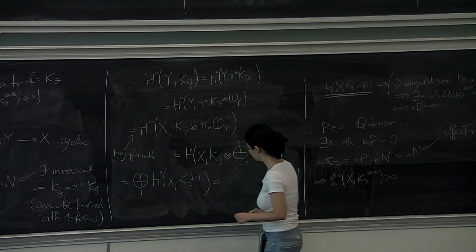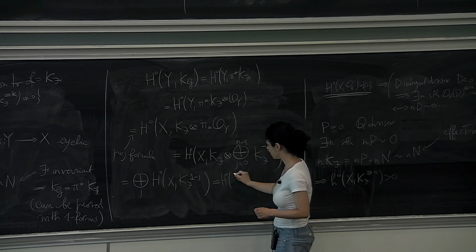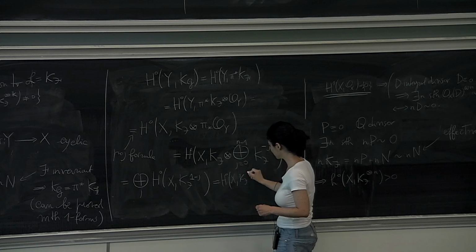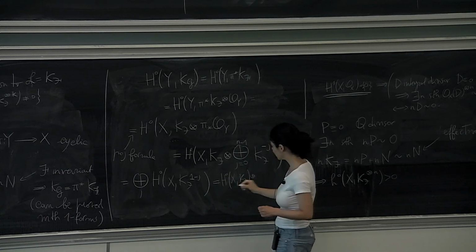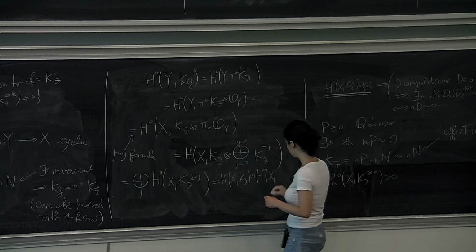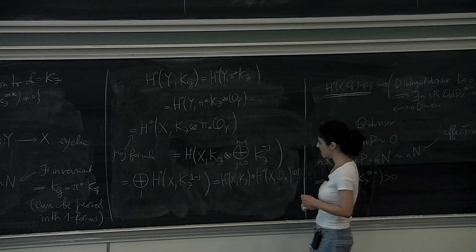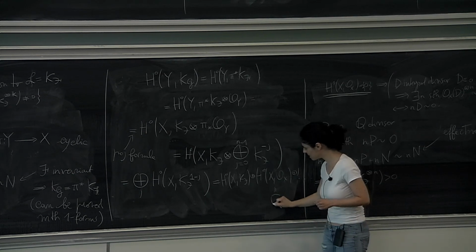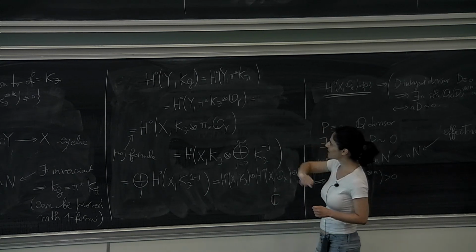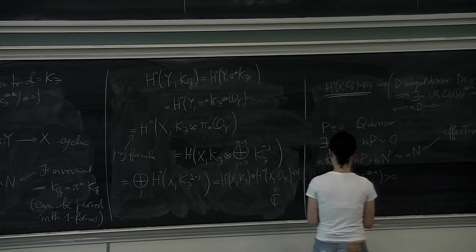So we have the H0 of X, K_F. And then the following one is the H0 of X, O_X. And then there is maybe other stuff, but this is C. So that guy is non-zero, and we are done.